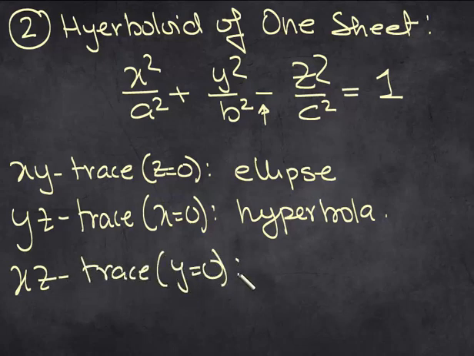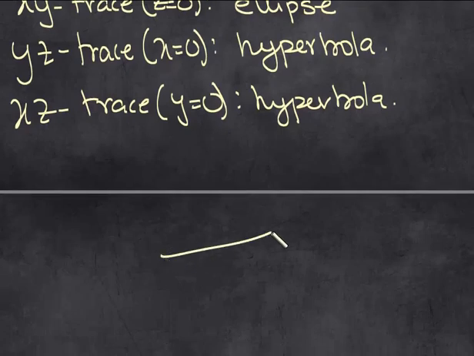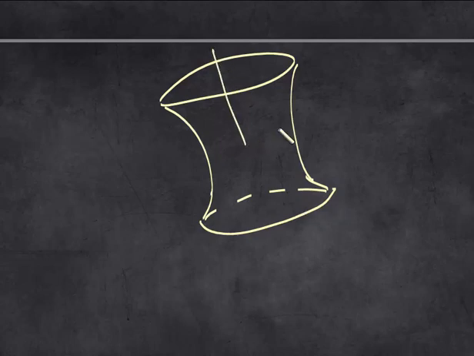What do we get also? Hyperbola. So this one kind of looks like, again, I'm really terrible at drawing 3D stuff, but it looks like a drum, like one of those African drums. So it looks something like this.